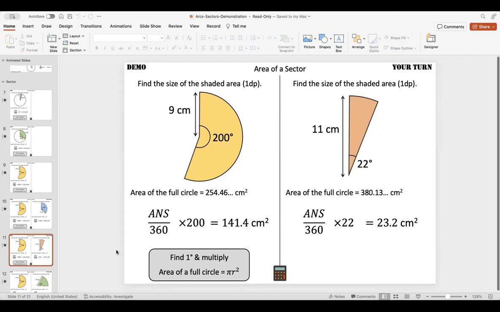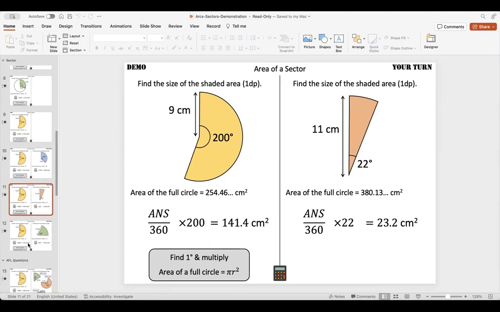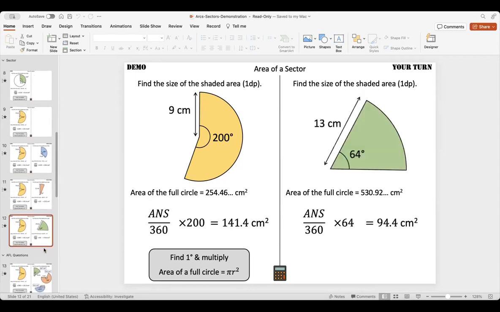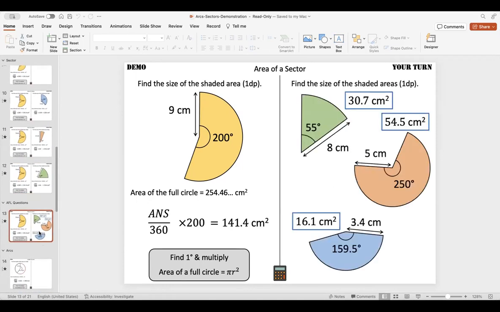The same thing is applicable to these questions now. Can you find the area of the shaded part?